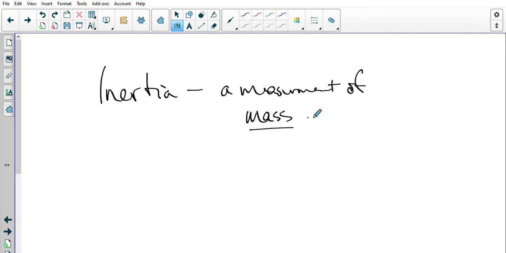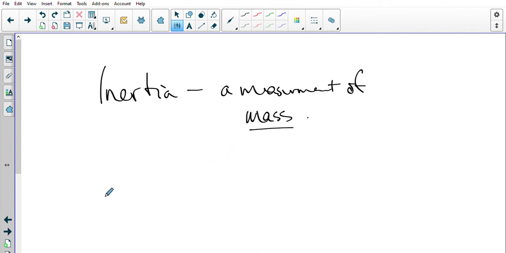If you remember from Bill Nye, if you listen to the tune of the intro to each Bill Nye show, it often says inertia is a property of matter. And we can think of inertia as being a measurement of matter, of mass. Now, this is kind of a strange idea.